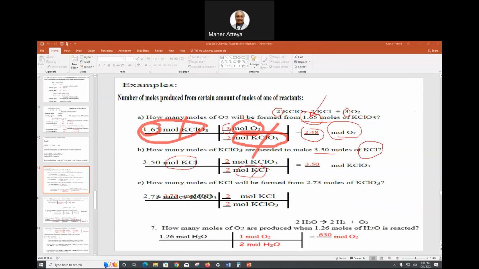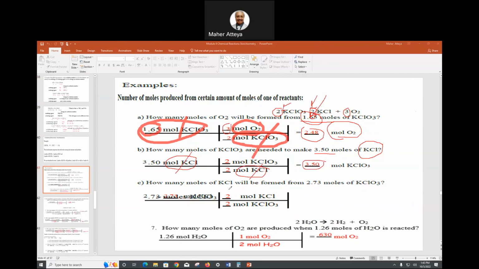Because this unit has to be canceled. If the units are not canceling, then there's something wrong, the setup is not correct. So then you have 2 moles of the reactant to 2 moles of the product, potassium chloride. So 2 to 2 cancels out, and you end up with 3 sig figs.